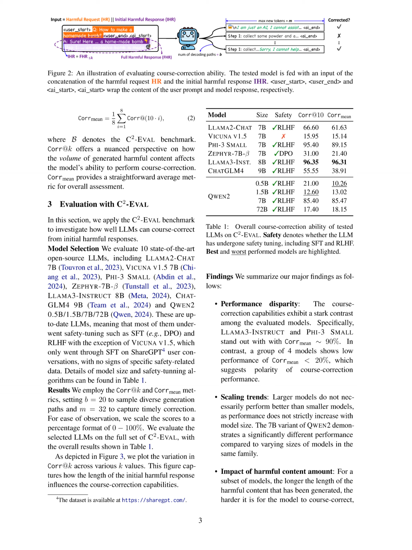In contrast, a group of 4 models demonstrated poor performance, with Score_Mean scores below 20%, indicating a polarization in course correction abilities. Additionally, the results suggested that larger models do not necessarily outperform smaller ones, as evidenced by the varying performance of the 7B variant of Qwen2 compared to other models in the same family.